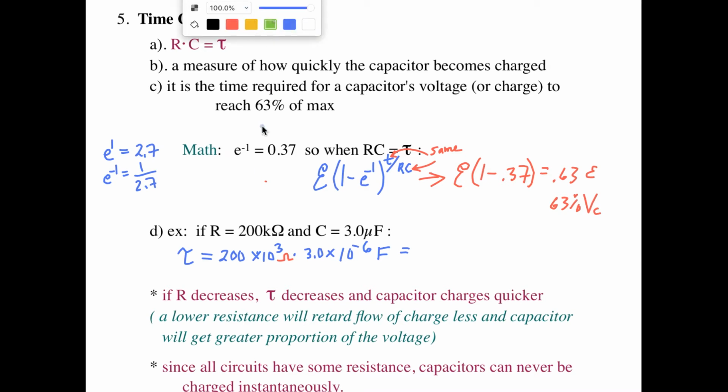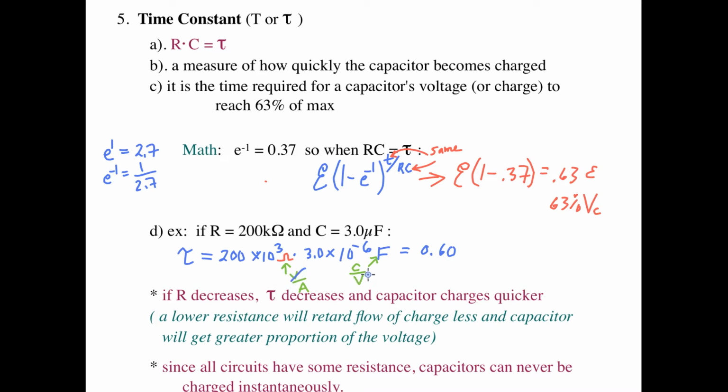If you wanted to know the base unit of ohms, it's volts per amp, and farads are coulombs per volt. We should end up at 0.60. And what are our units then?